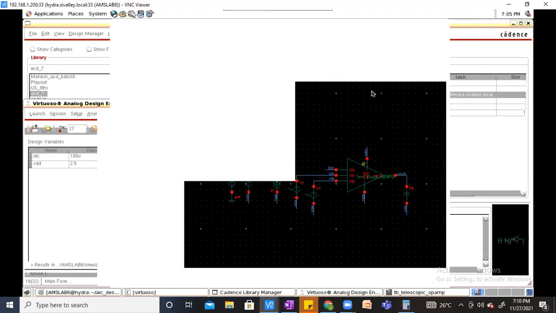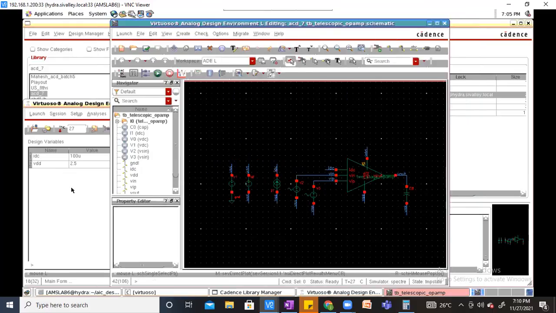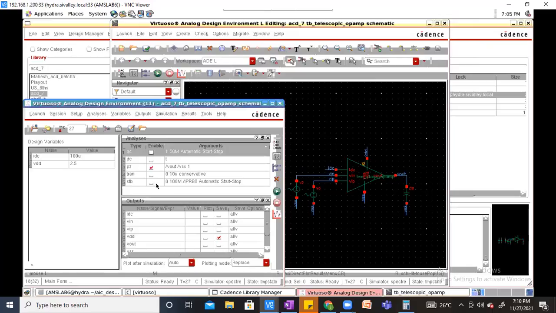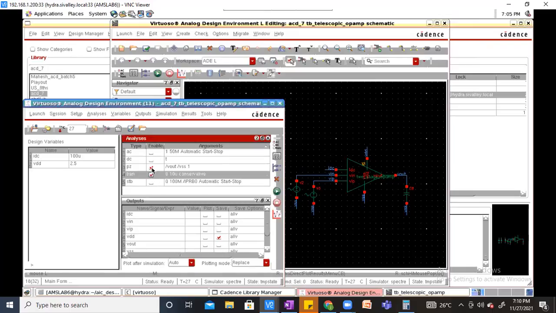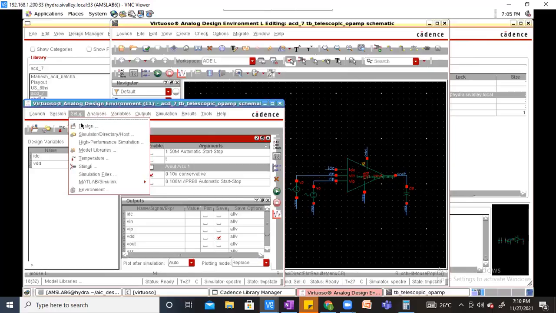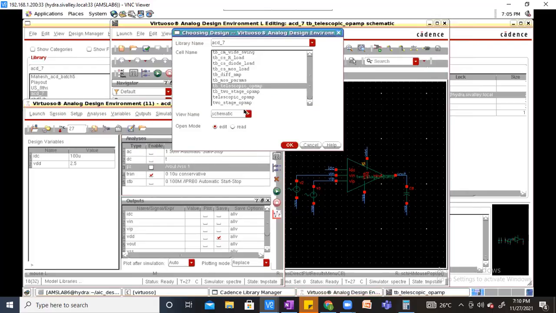Okay. So pole zero is done. Then let's do some transient analysis also. Transient should be done on which circuit? Slew.